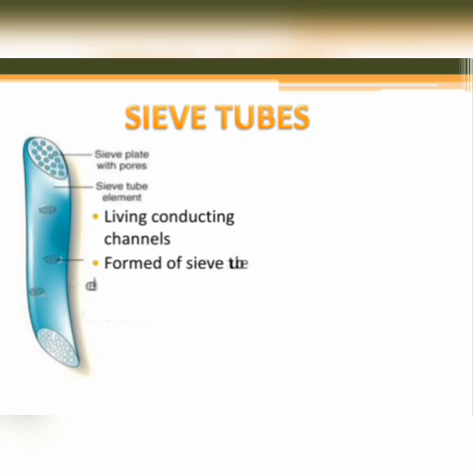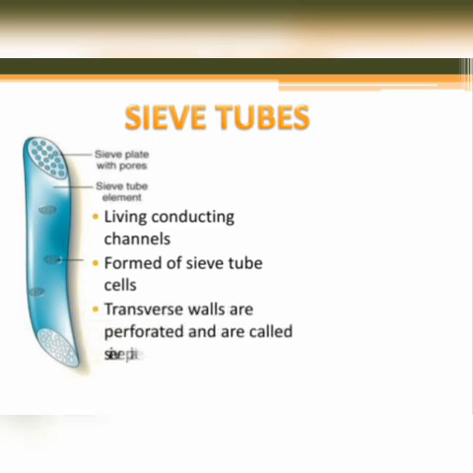These sieve tubes are formed of sieve tube cells, and their transverse walls are seen to be perforated and are called sieve plates.